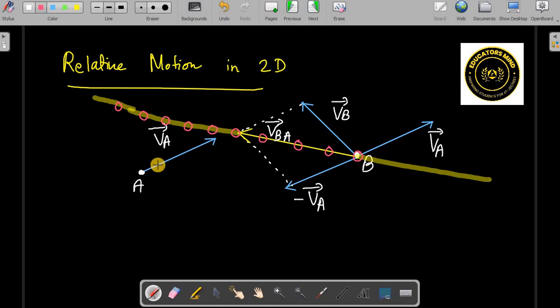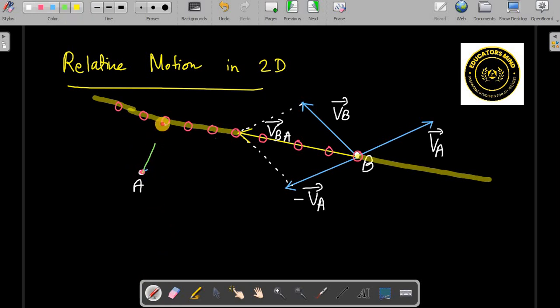So when it will be closest, sometimes they will ask this question, when it will be closest. So with respect to A, now A is not moving. If you want, you can remove this vector, A can be now removed because A is not moving. Why? Because observer is A itself. He will not see himself moving.